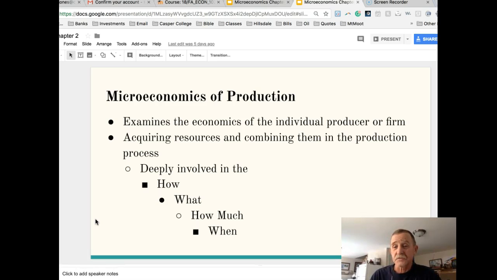Well, if you're going to consume it, some things will not be consumed as much as others. So the consumer ultimately is going to answer that. How much of it? It could depend on price, right? We've talked about that as far as the consumer, and you'll answer that. And when it's produced. Certain specialty items are only demanded at certain times of the year, so producers will try to meet that particular demand when we talk about when.